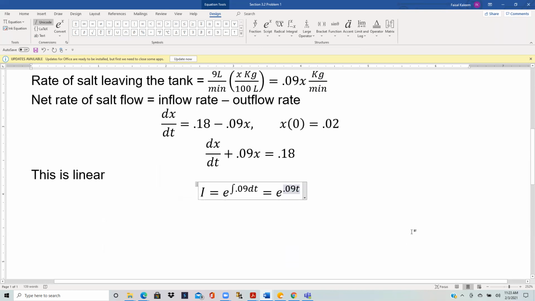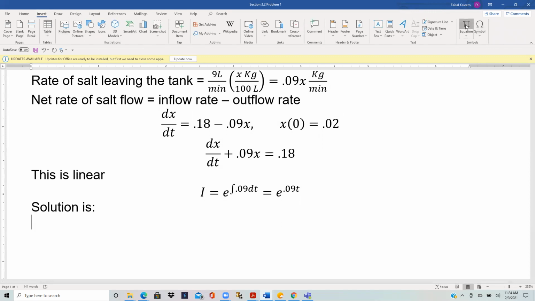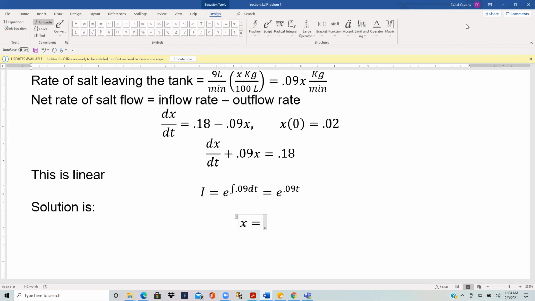Okay, so once we have the integrating factor, we know that the solution is, so it's y is equal to, in this case it will be x is equal to, because x is playing the role of y, and you have 1 over I, remember, so 1 over the integrating factor.